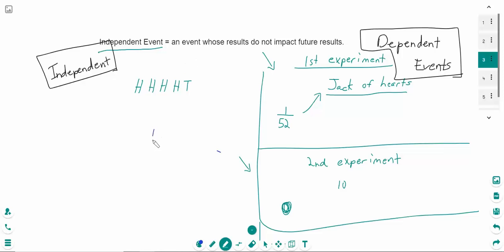And the answer is simply 1/2. It's the same probability as it was every time you flipped that coin. All right, it doesn't matter what happened previously. The probability is going to be the same because it's an independent event. We reset everything at the beginning of every experiment.